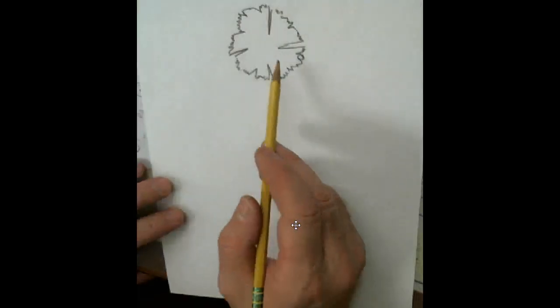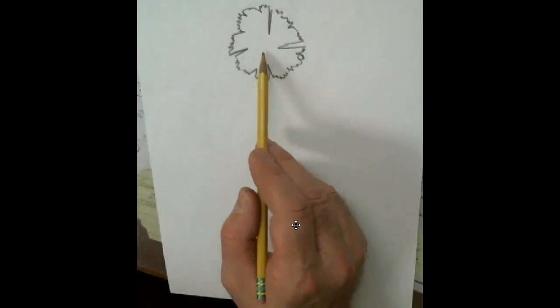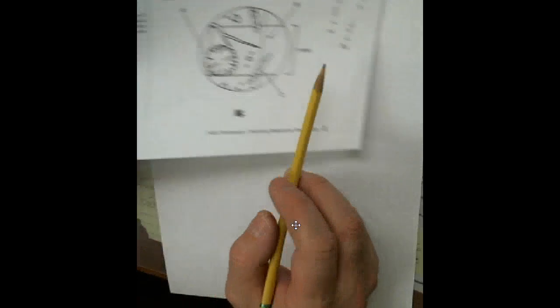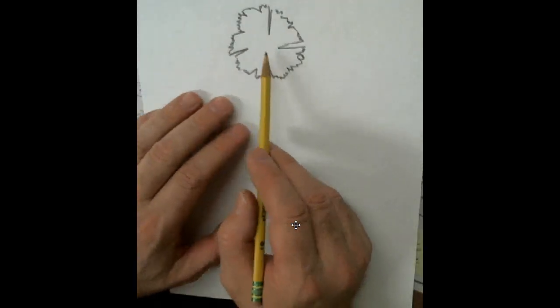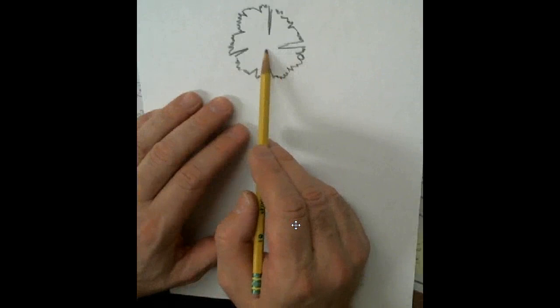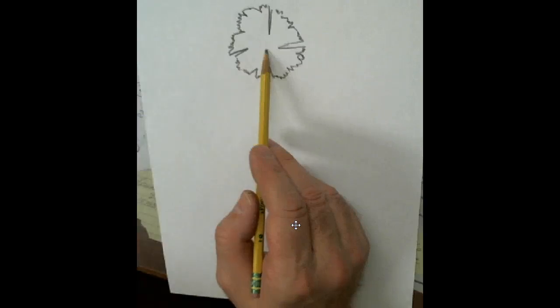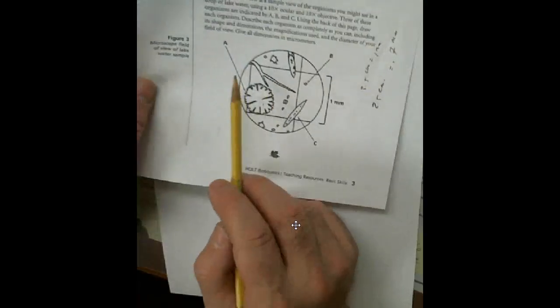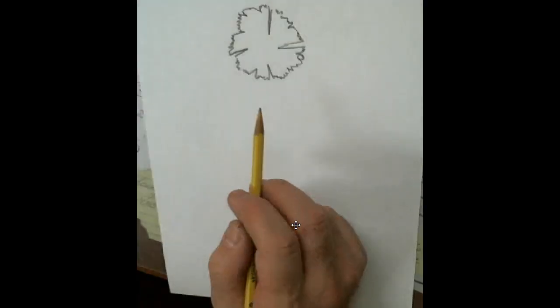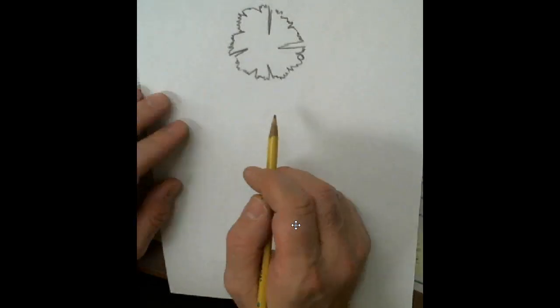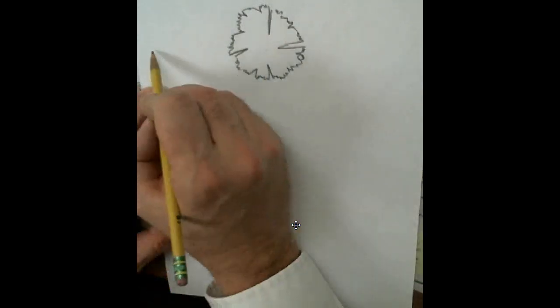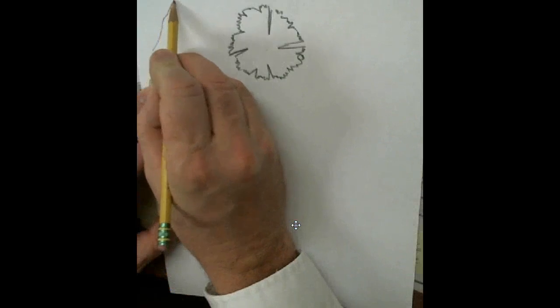So I've drawn A here, and what I'm looking for is the way to determine how much bigger my picture is than the actual specimen is when it's seen under the microscope. So this is the skill we talked about in class. The formula we're going to use for this, we've got this little triangle-like thing.